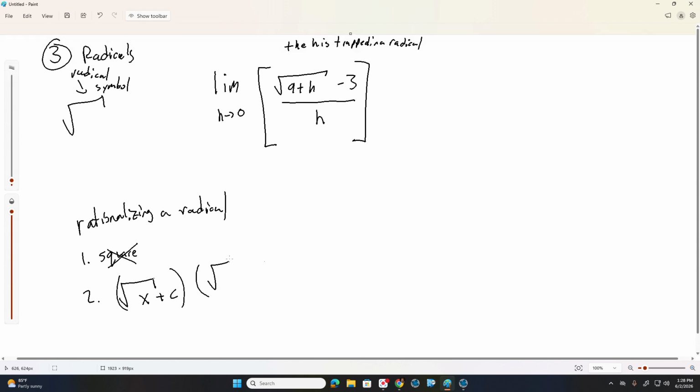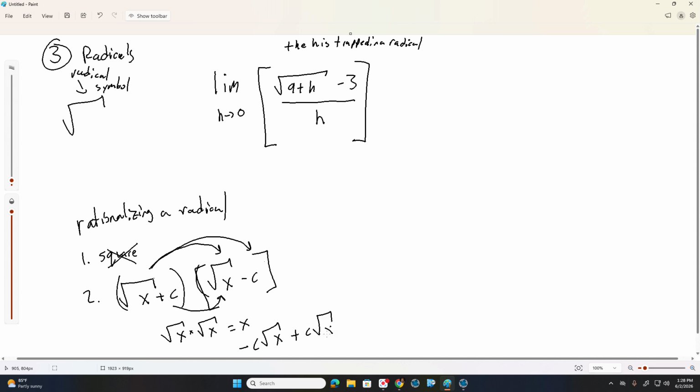We're going to multiply that by the square root of x minus c. The square root of x times the square root of x, we get x. We get negative c the square root of x plus c the square root of x, gone, minus c squared.